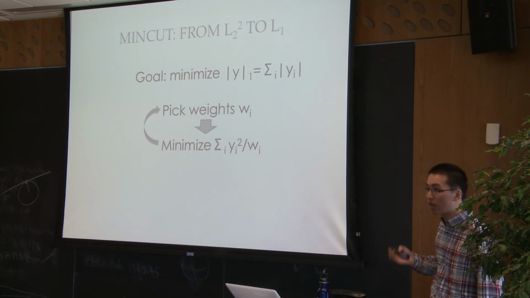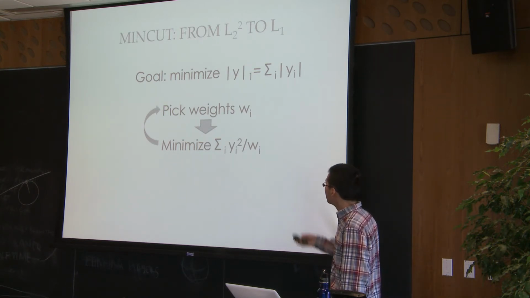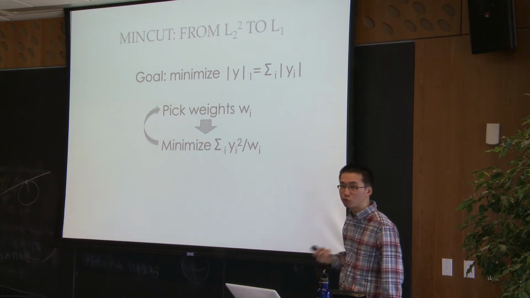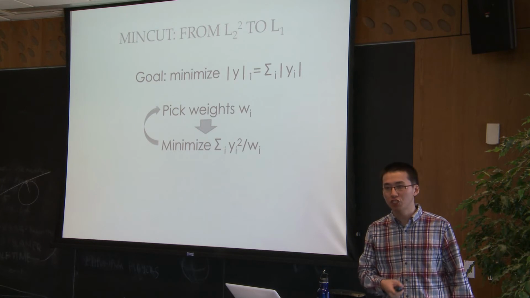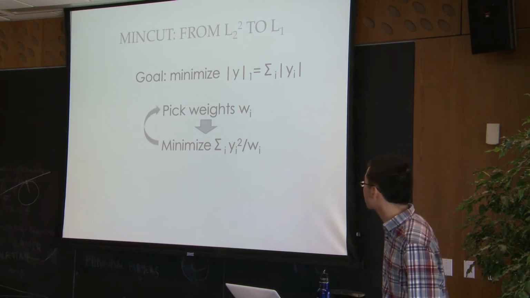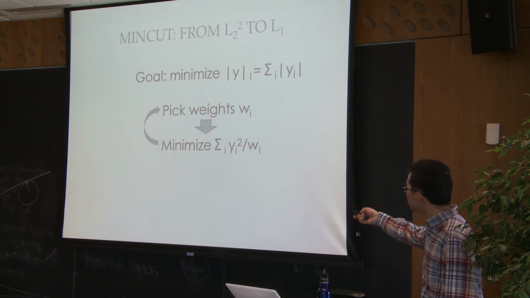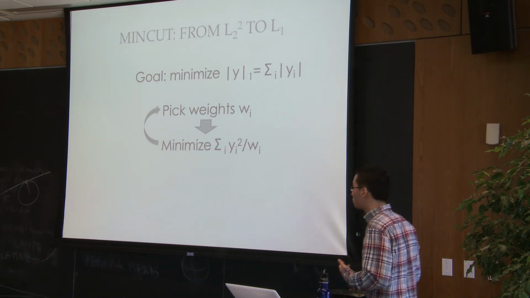So the idea is essentially what's called iterative reweighted least squares in statistics. And the idea is I want to pick weights, one for each entry, then minimize a quadratic variant of it, which is summing over all entries of the entry squared divided by the weight. So this is a quadratic minimization problem, and you can apply all the fast quadratic minimization algorithms to it.